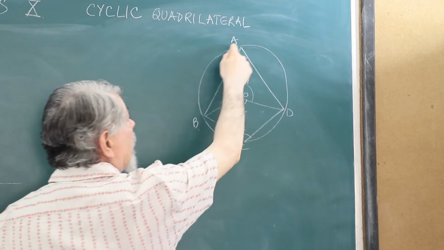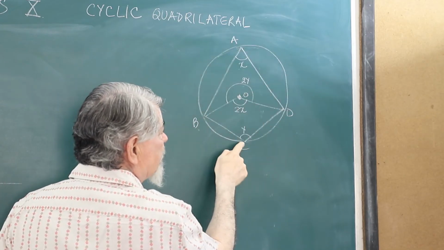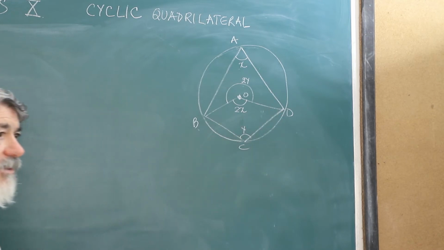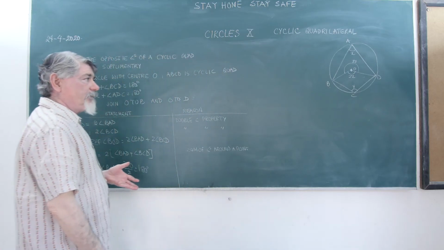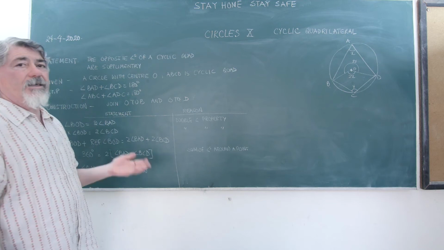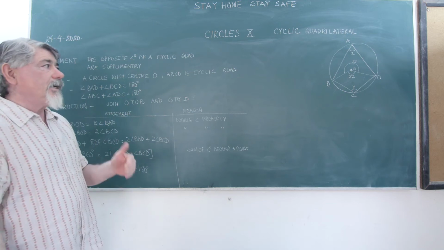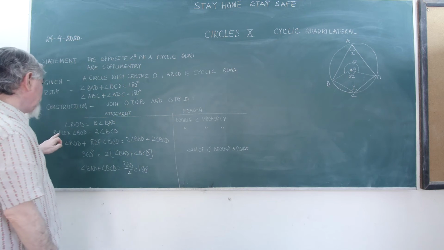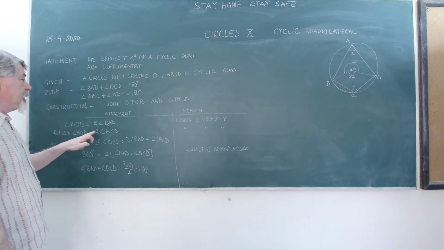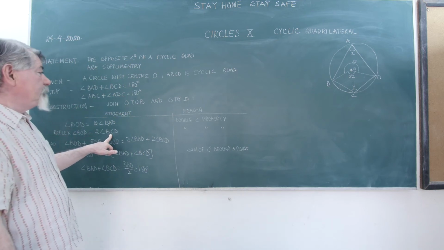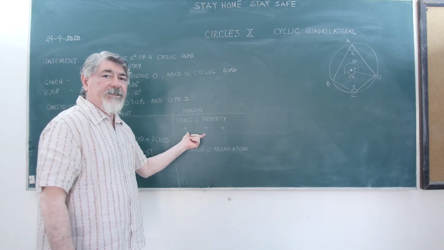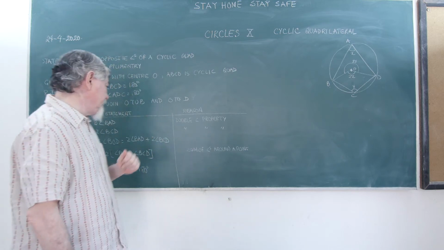And this major arc subtends angle BCD at the remaining part of the circumference. Relation is the same. The angle at the center is double the angle which it subtends at the remaining part of the circumference. So reflex angle BOD is equal to double of angle BCD. Again, we have written the reason as double angle property.